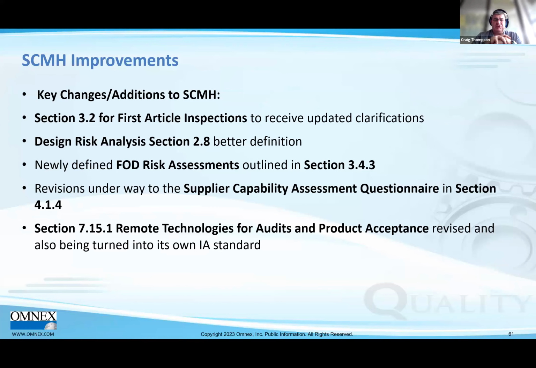And like I said, the majority of suppliers are not design responsible, but there are some risks with the supplier, even though you're not design responsible, of how they handled their design activities on the front end at the OEM. Okay. Again, they're going to add some more FOD risk assessments. They're actually going to define that and have a standardized checklist that you can use at your organization for how to check for FOD.